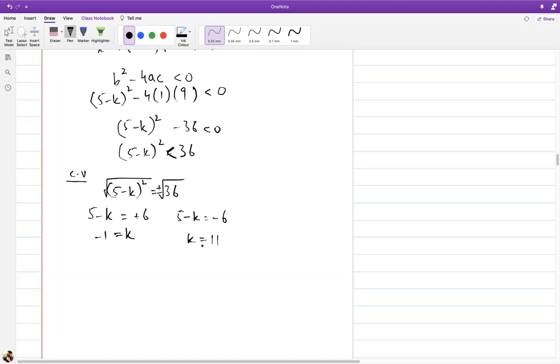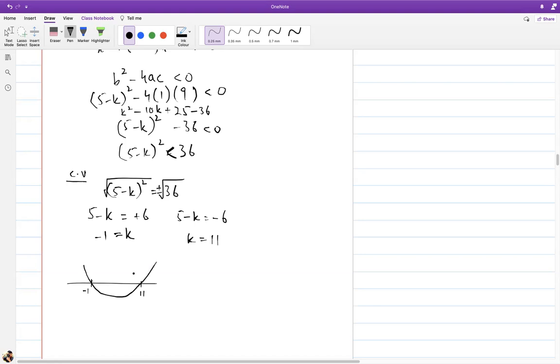Now, what I'm going to do from here on is, there are two options. One is that I draw the curve. I'm like, okay, I have one number minus 1 and one number 11. Because the curve has k squared as positive, so basically when this thing expands, I'll get k squared minus 10k plus 25 minus 36, all that, right? So I'll get a curve like this.